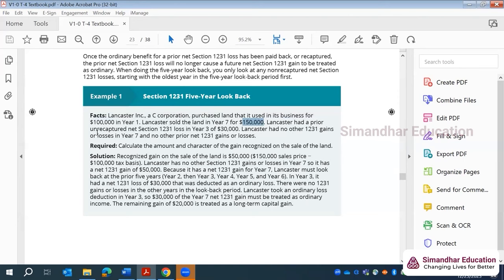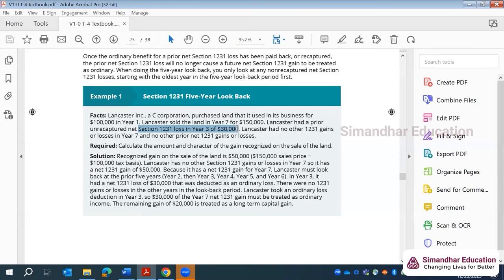Lancaster had a prior uncaptured section 1231 loss in year 3 of $30,000. Now, what would have been the character of this loss for the corporation in year 3?